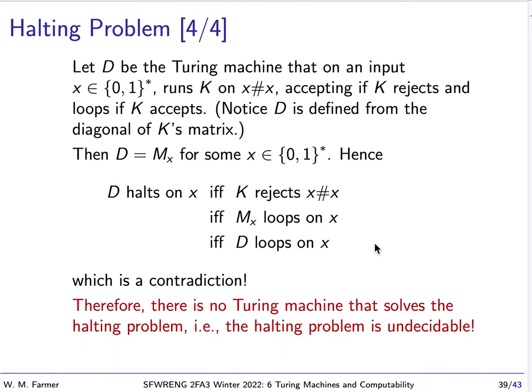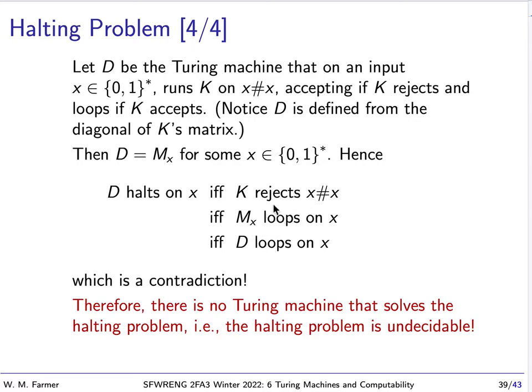Okay, so now we know that D is a Turing machine whose input alphabet is 0 and 1, so it's going to equal M_X for some string X. Now, D halts on X means that K rejects X#X.